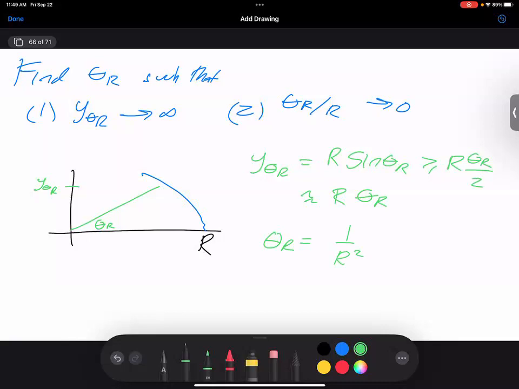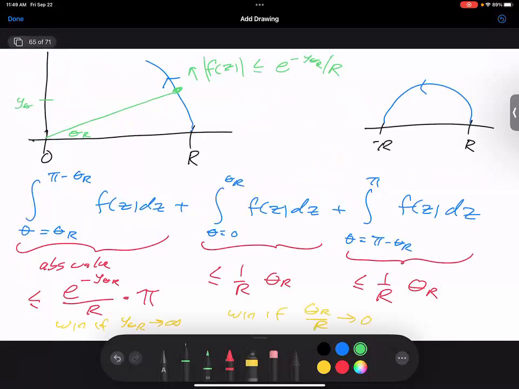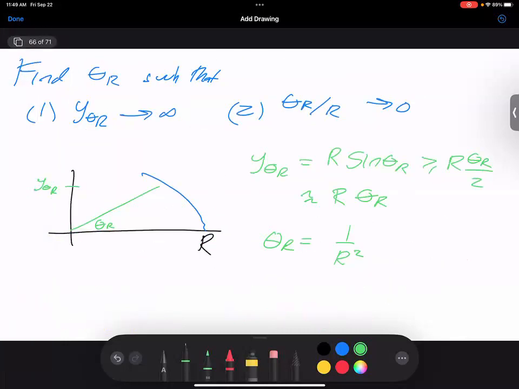So you made your angle too small. We wanted y to go to infinity because we need that first term, e to the negative y theta r, to be going to 0. So we need y theta to have some growth. So if you take theta r to be 1 over r squared, it's too small. Square root of r would be fine.